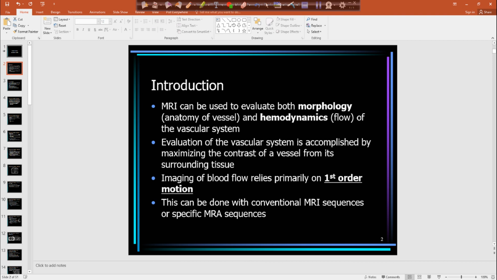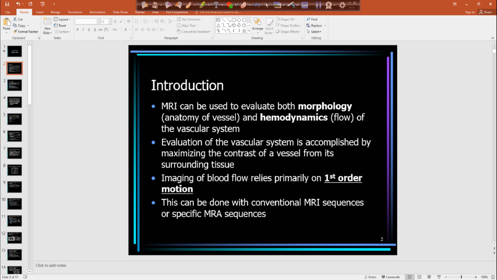So we maximize the signal coming from flowing blood if we're interested in hemodynamics, or sometimes we minimize signal from flowing blood if we're interested in the morphology of the vessel, because we want the lumen of the vessel to be bright and the blood flow to be dark if we're interested in the morphology.